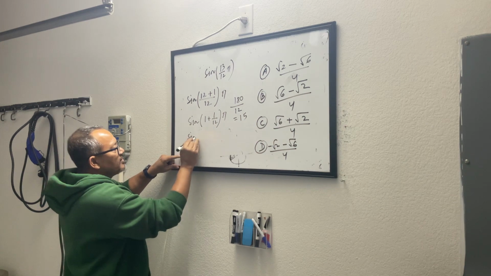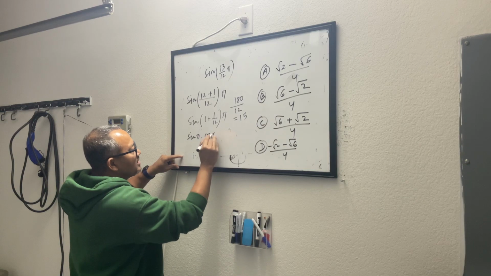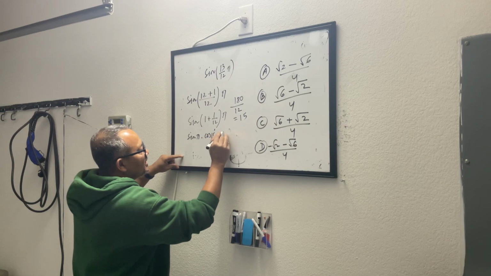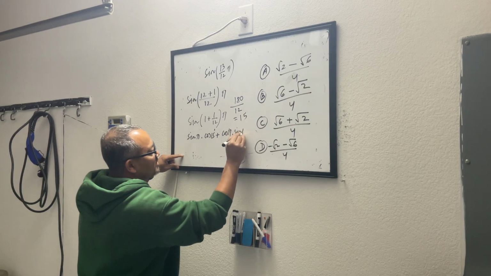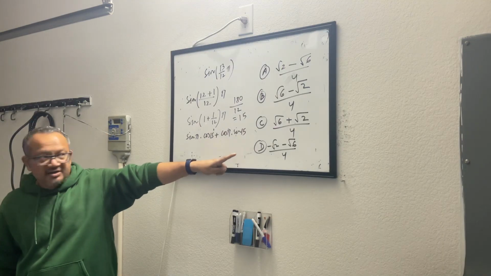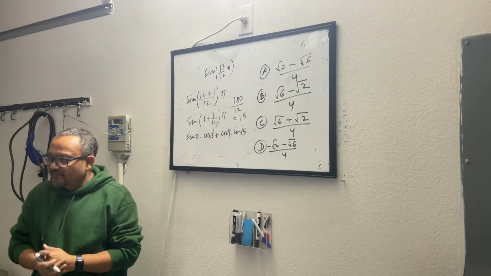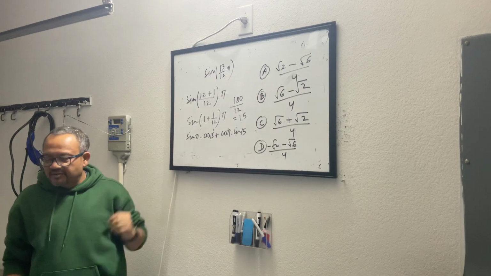So sine of pi times cos of 15 plus cos of pi times sine of 15. And we'll have to find out the value of sine 15 degrees, right? Again, applying sine of 45 minus 30, that will give you 15. Similarly, you will find out the cos of 15 value also.